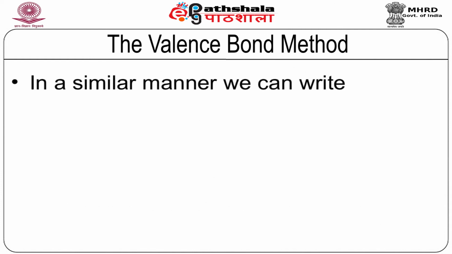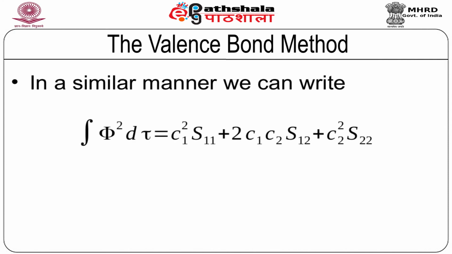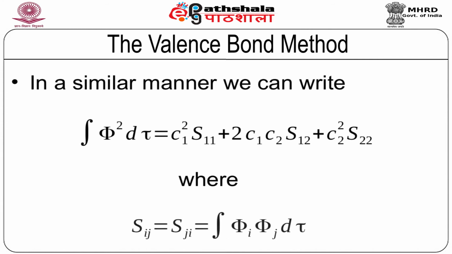In a similar manner, we can write the integral of phi square d tau equals C1 square S11 plus 2 C1 C2 S12 plus C2 square S22, where Sij equals Sji equals the integral of Fi Fj d tau.